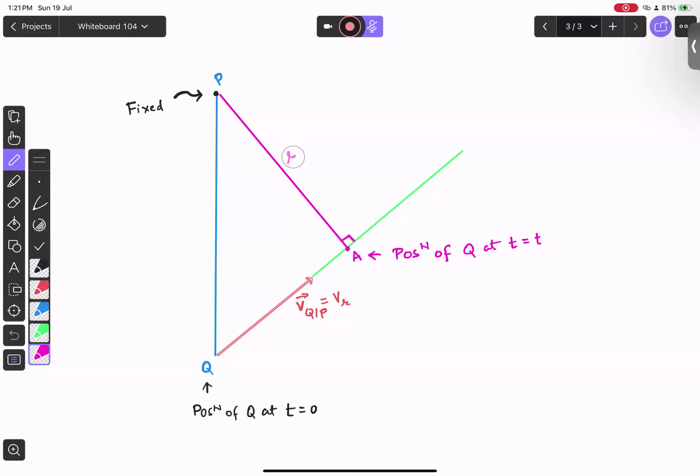So the job here is to find that perpendicular separation, which will be the minimum separation.